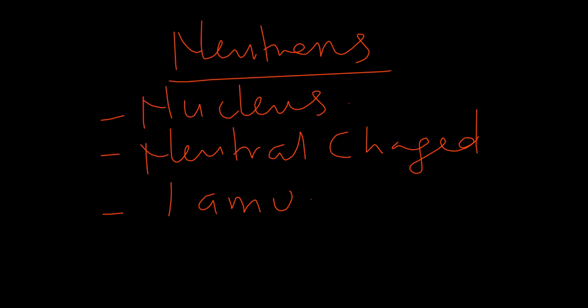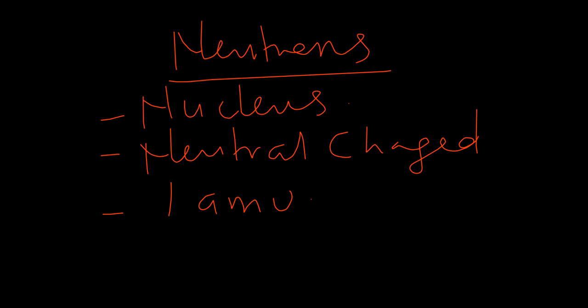That's how come you describe the mass of electrons as negligible, very small mass. So I will need you to note that those subatomic particles in the nucleus are the main contributors towards the mass of the atom. They are neutrons and protons, and they each have masses of 1 atomic mass unit.